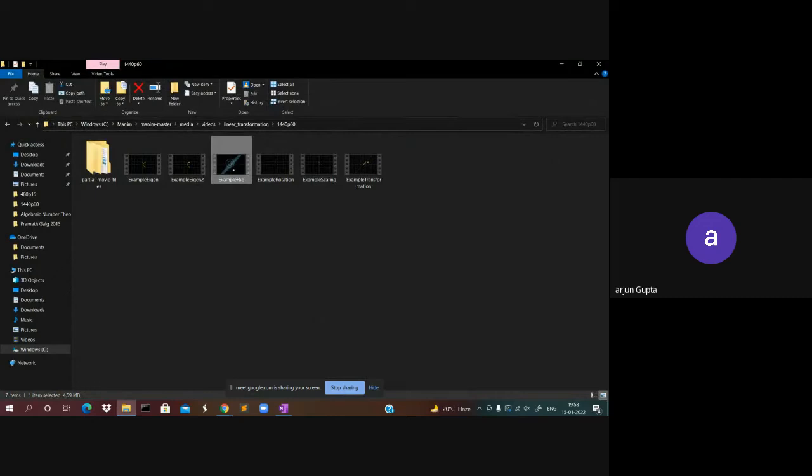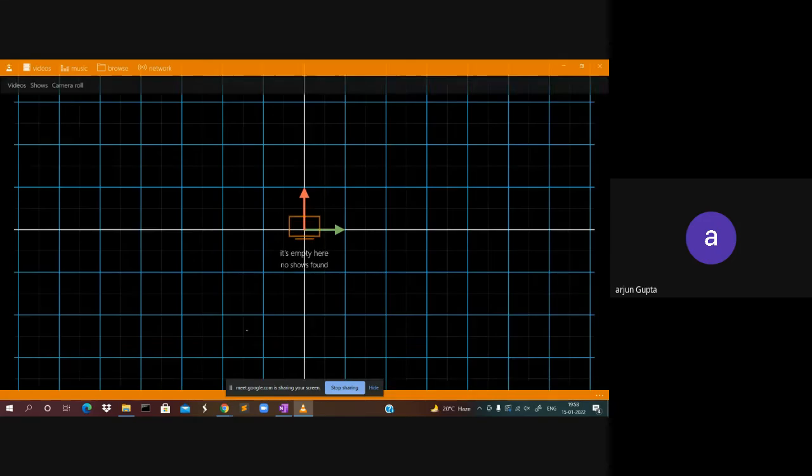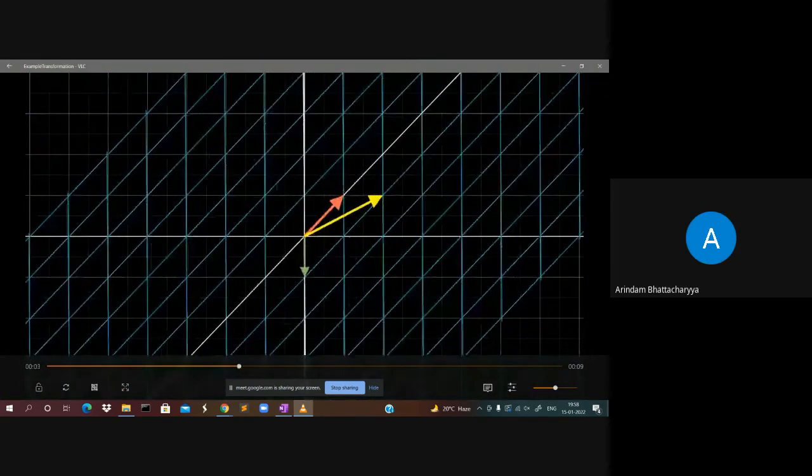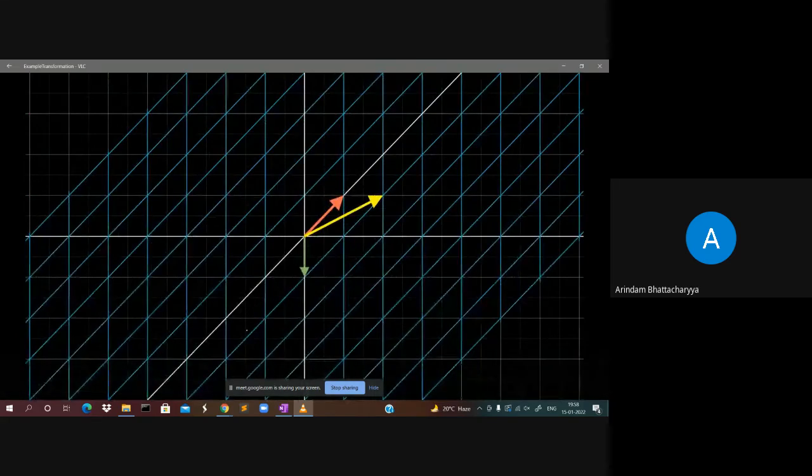Could you show that video again where the map is a bit weird? The first video you showed. So the thing is, I can send i to any vector and j to any vector, and that will give me a unique linear map. I don't need to preserve the angles.